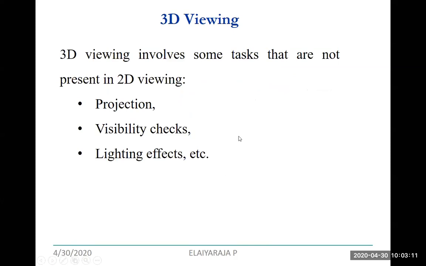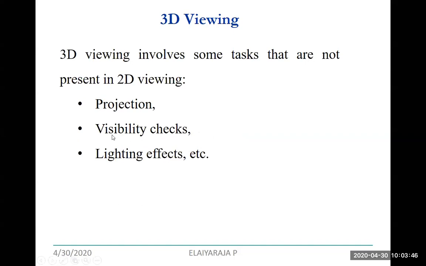Whereas in 3D viewing, projection, visibility checks, and lighting effects are all involved, which is not available in 2D viewing. Projection says whether it is parallel or perspective, right? And in visibility checks, here we are going to consider the depth element in 3D viewing, which is whether the particular element is near or far.